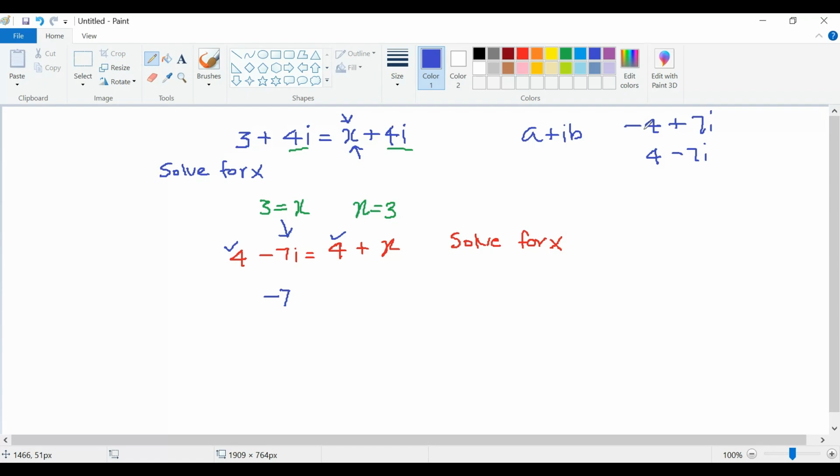So whenever there is a negative sign in a complex number, it belongs to the real part or the imaginary part. Here we have negative 7i, so this negative sign belongs to the imaginary part. The imaginary part of the first complex number is negative 7, which should be equal to the imaginary part of the second complex number, which is x. So x should be equal to negative 7.